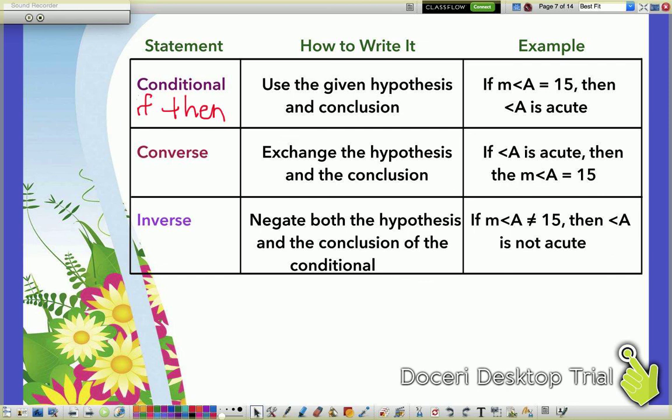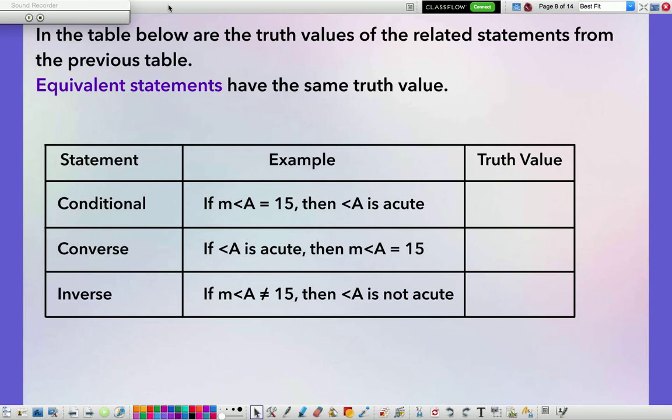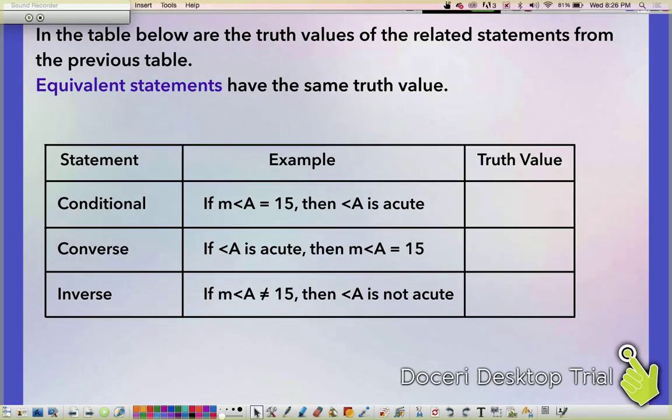All right, move it on. So in the previous table are the truth values of the related statements from the previous table. Equivalent statements have the same truth value. So I'm using the same statements that were in the table before, but now I'm going to say whether they're true or false.